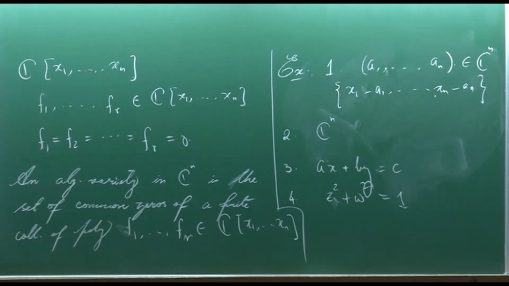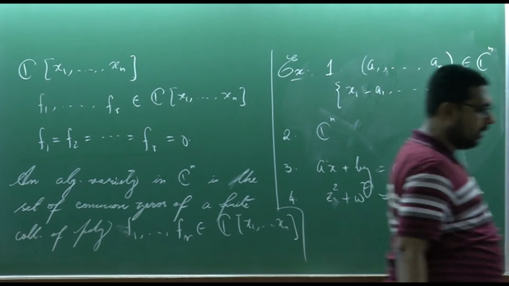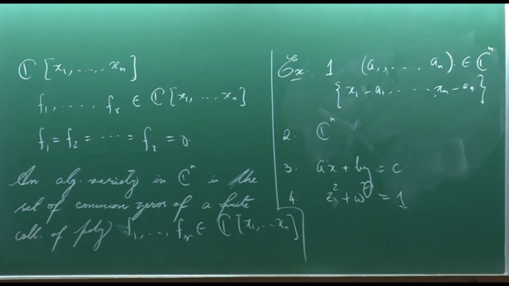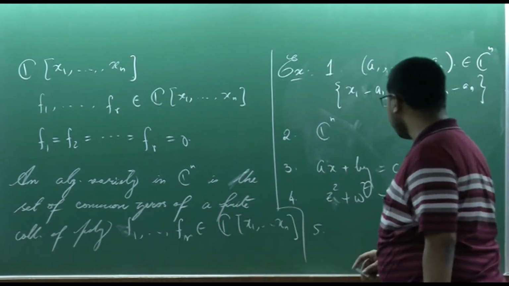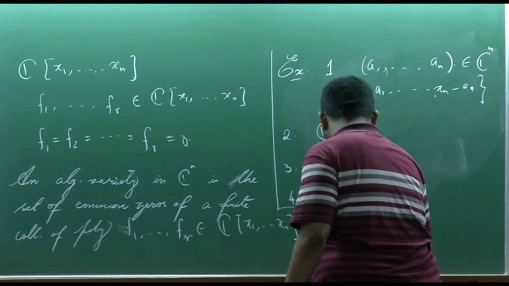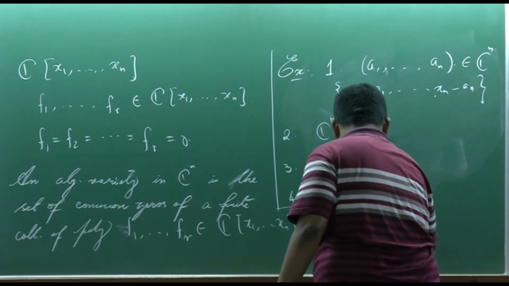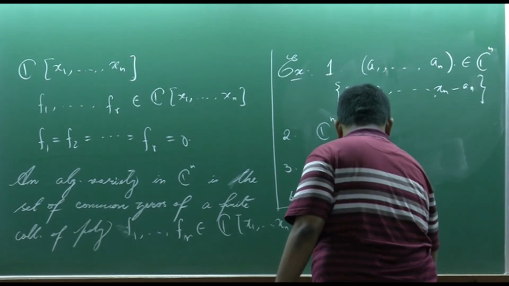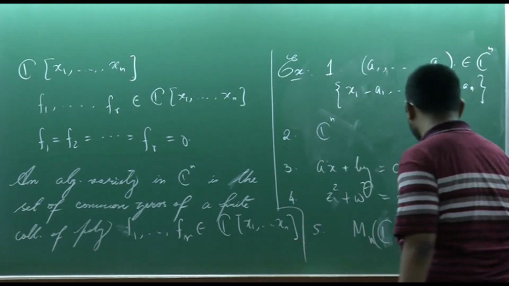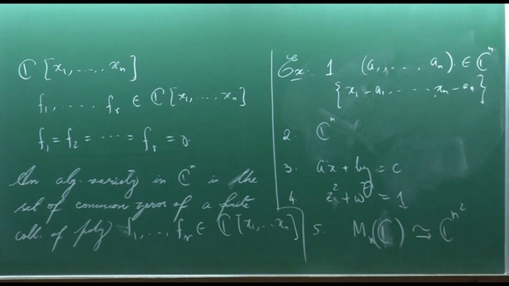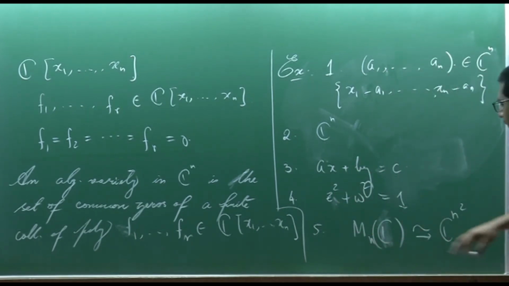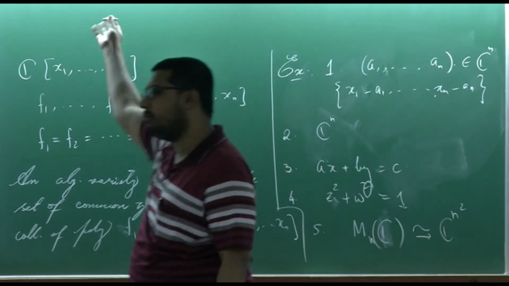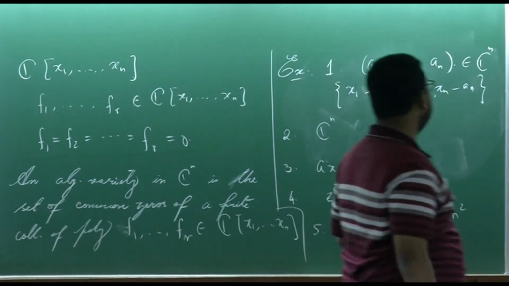Let me give an example from somewhere else. Recall that M_n(C) is naturally identified with C to the n squared. We have used this identification several times earlier. In view of this identification, we can view every matrix as a point in C to the n squared.